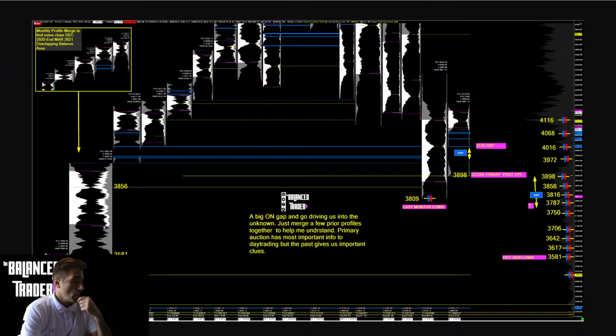So this is a monumental open, okay? Really important to understand, like we had yesterday on the Sunday reopen, we had a gap. We have a similar scenario this morning. So we've got two gaps in a row, one for the overnight session and one into the US session. We've got a scenario where we're going to have a big gap.